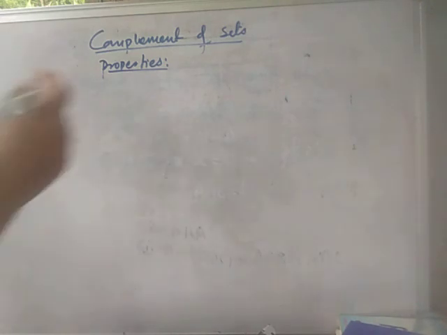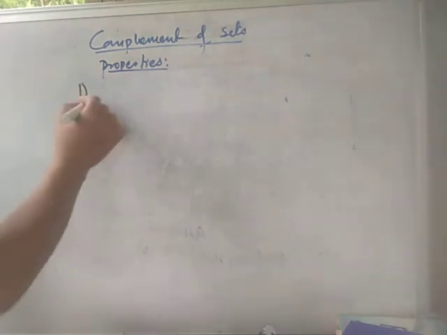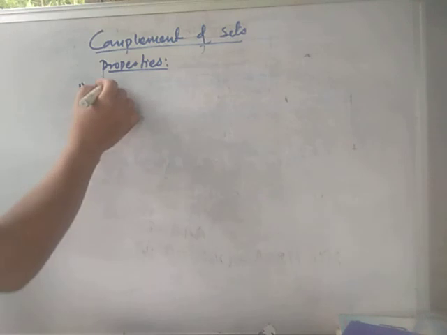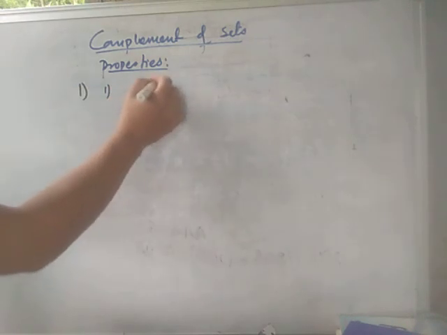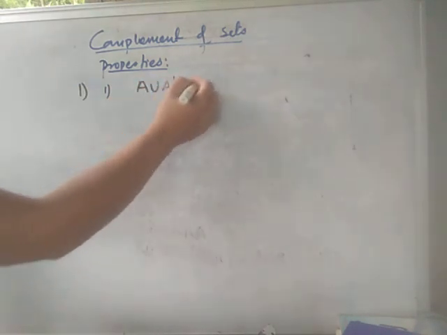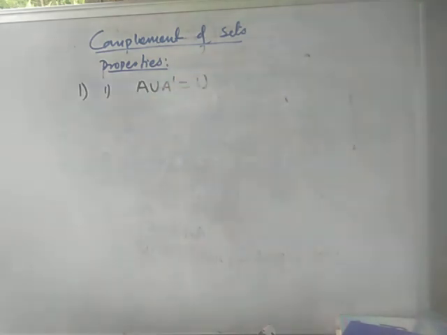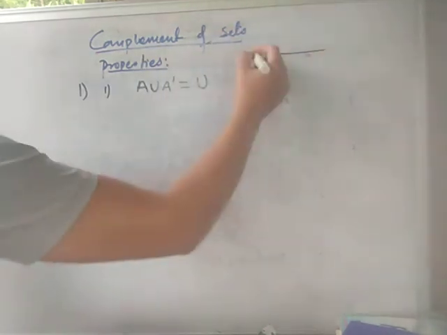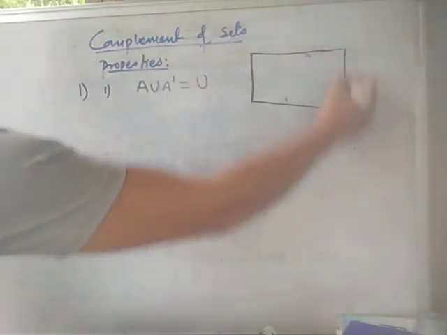So first complement laws, write down complement laws. First one is your A union A dash equals to how much? U. Why? Draw it on the side. This is your explanation.